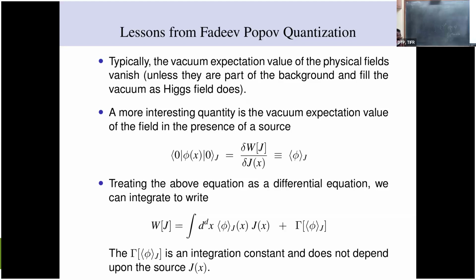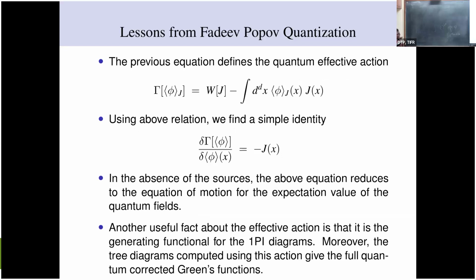Gamma is an integration constant and does not depend upon the source J. This equation defines the so-called quantum effective action. So this gamma is called the quantum effective action, and using this relation we find a simple identity.